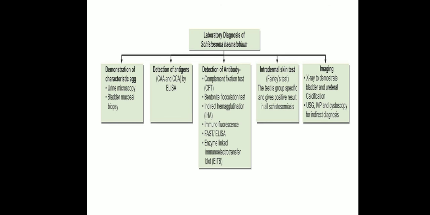And IVP, that is intravenous pyelogram, and cystoscopy are also useful in indirect diagnosis of the disease caused by this parasite. So that's all about the lab diagnosis of Schistosoma haematobium.